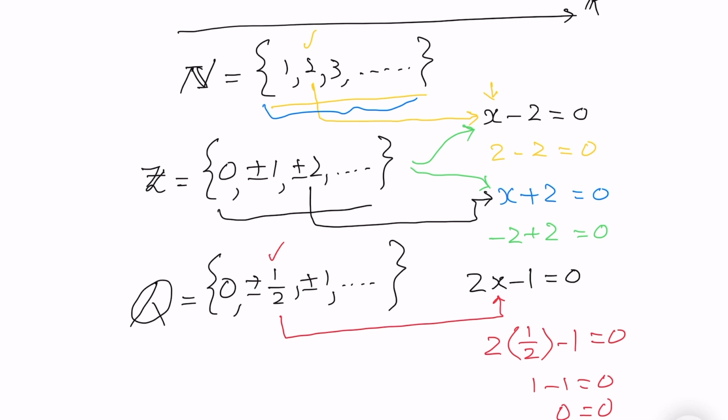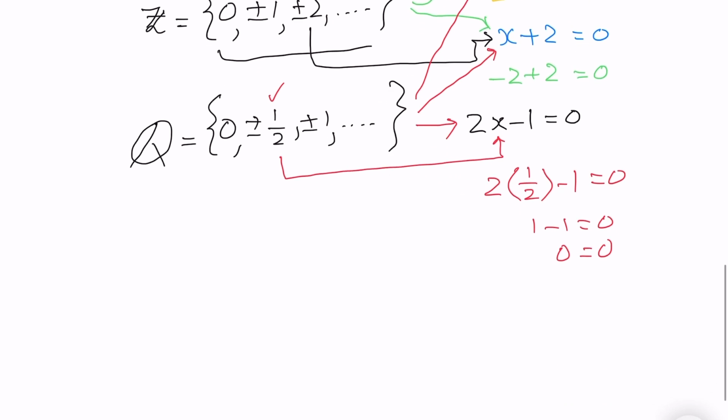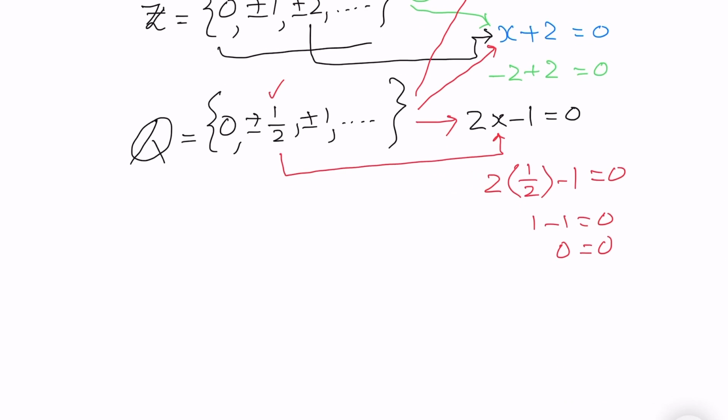Well, we are happy again that now this set Q can answer a question like this, it can answer a question like this, and it can answer a question like this. Well, again, we are happy, and we thought we had done a big achievement.